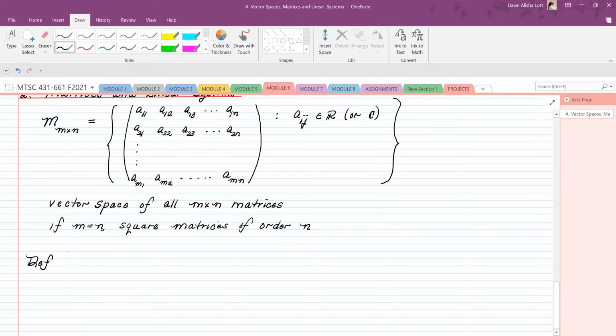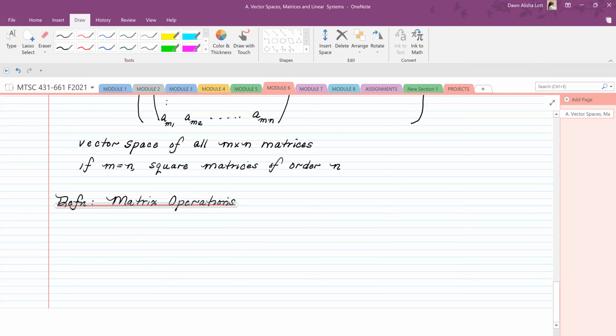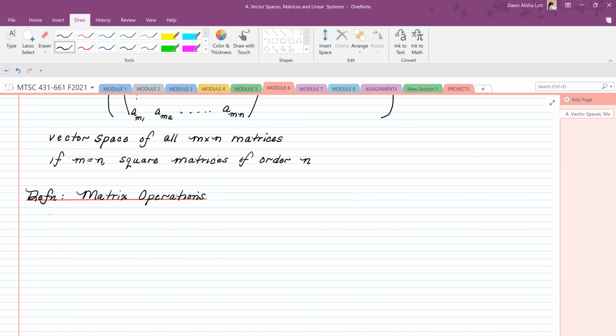I think you guys might remember these. Okay, so we're going to let A and B be elements of M by N, and we're going to let alpha be a real number.